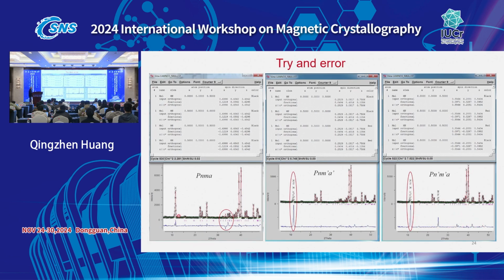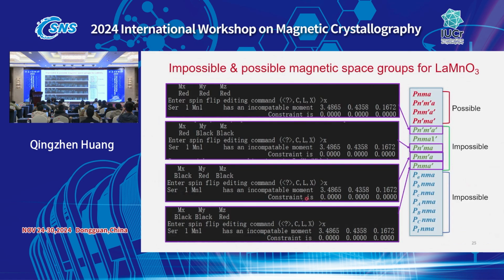So these three we are not able to fit. If you only change the magnetic space group setting and put in any magnetic moment, you can see it is not consistent with your model. So this is not quite good for the magnetic space group.